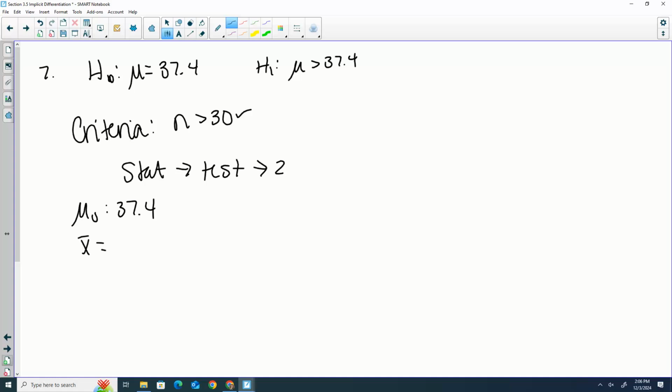X, mean of our sample. Standard deviation of the sample. The number in the sample was 32. And testing greater than.